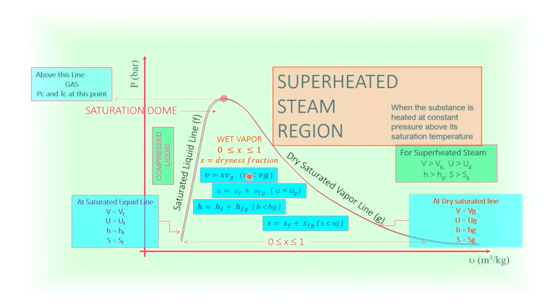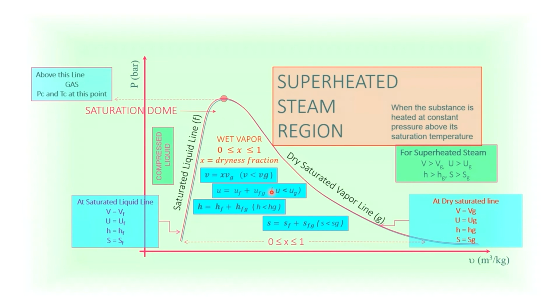So any values given less than the G will be considered as wet vapor. In between, usually we compare with the G values, properties with the subscript G.